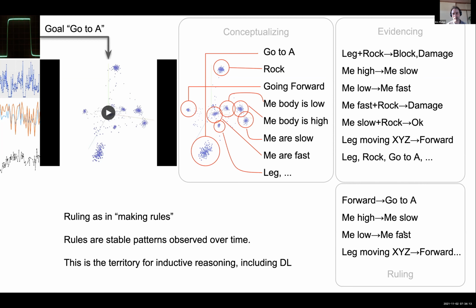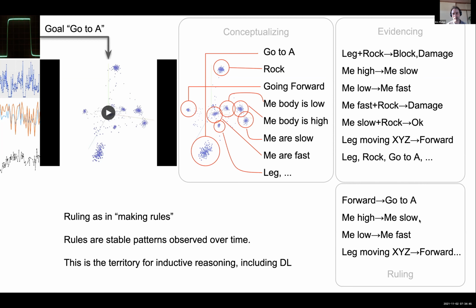Inside the clusters you can see in the central image, there is yet another structure that is more stable and that has more active meaning. And so this is where we can see rules. For example, me high means me slow, so it becomes then not just an evidence, but now a rule, something that the robot has learned from its data over time.